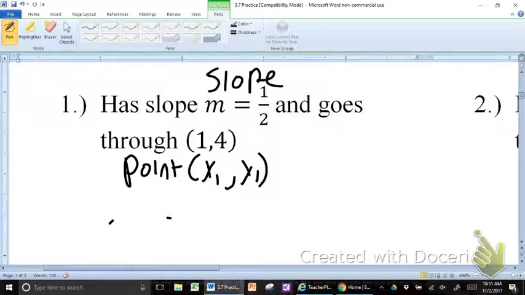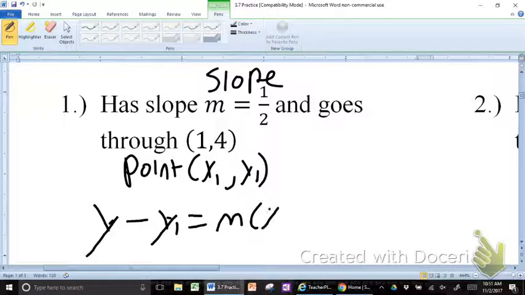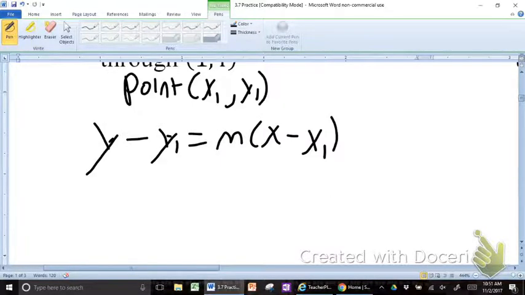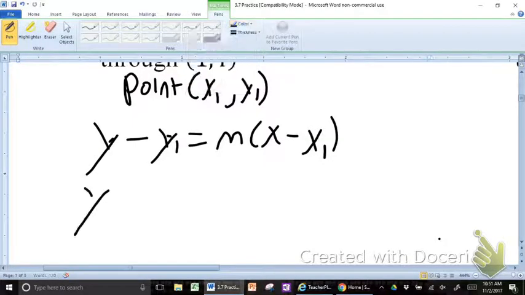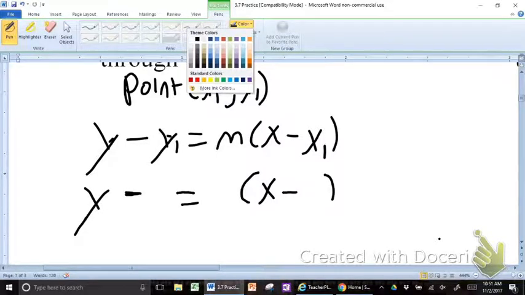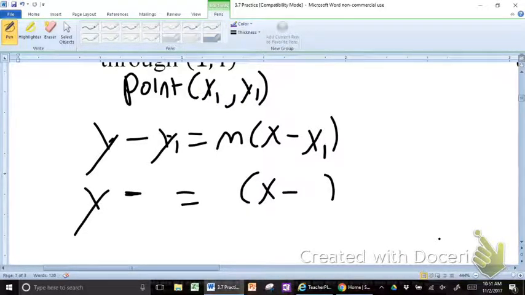So I'm going to do y minus y1 equals m, x minus x1. Then we're going to fill in our formula, y minus, x minus, some parentheses. And so then we're going to fill in our point.